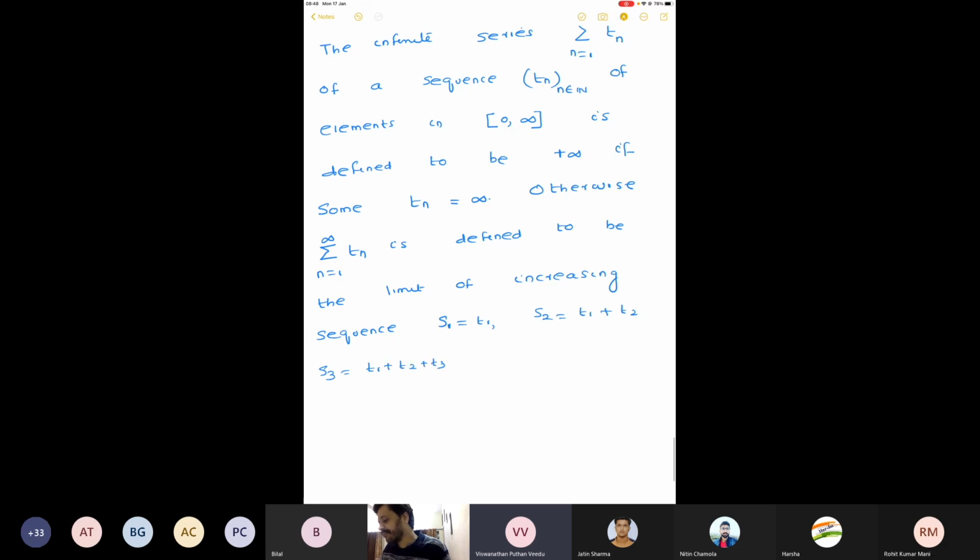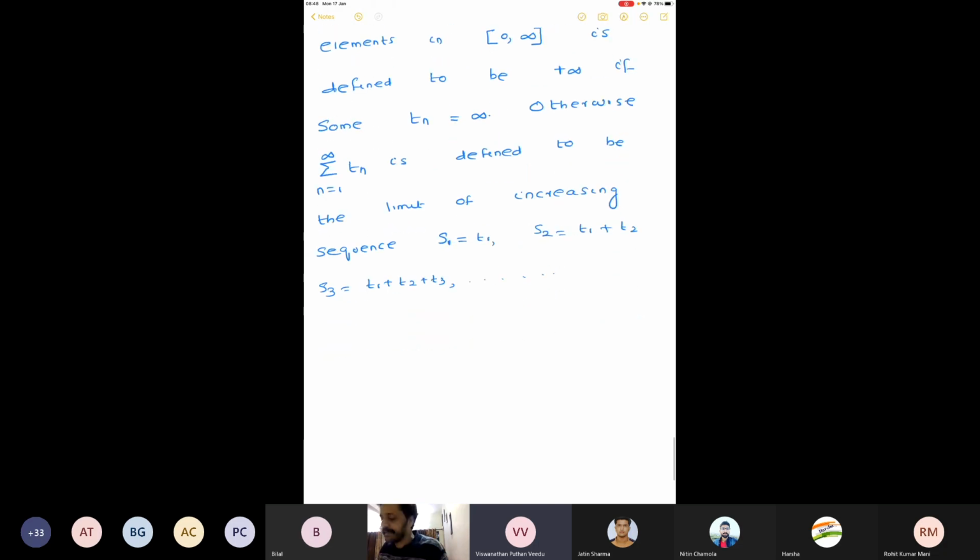Okay, that is what is defined as the summation. Summation n equal to 1 to infinity T_n is equal to the limit of S_k as k tends to infinity, where S_k is the kth term in the sequence of partial sums.